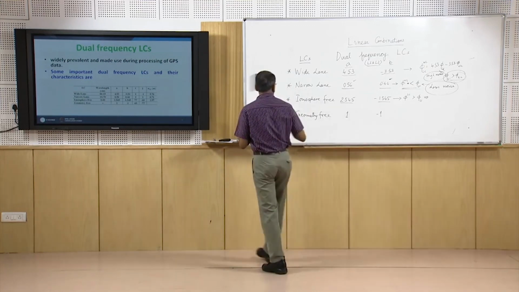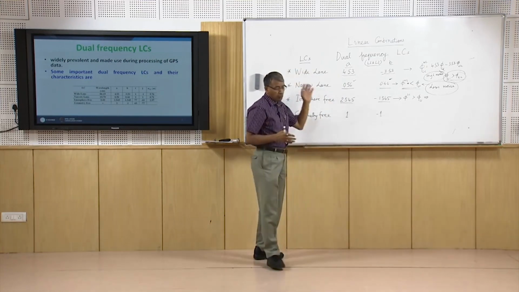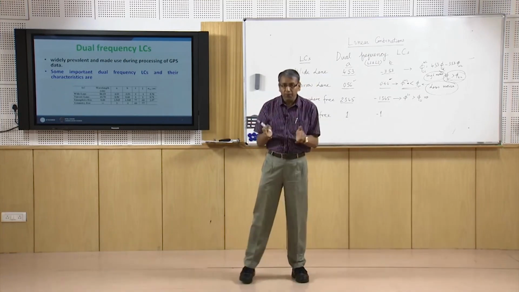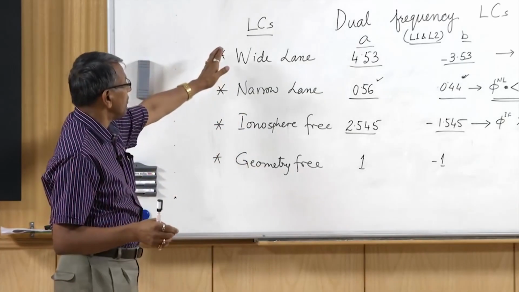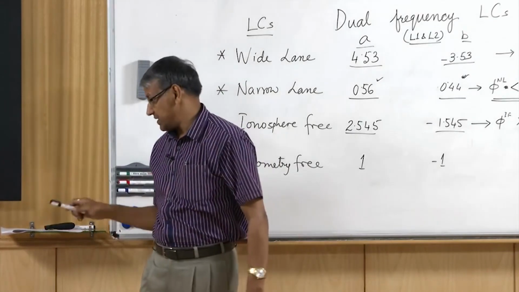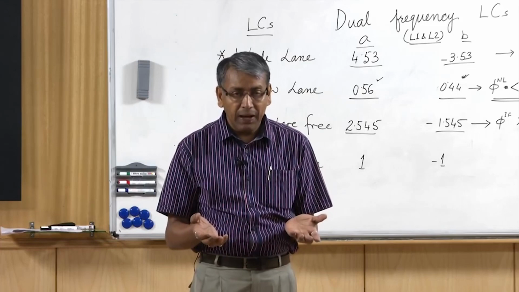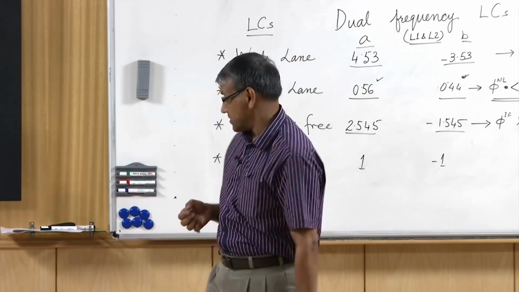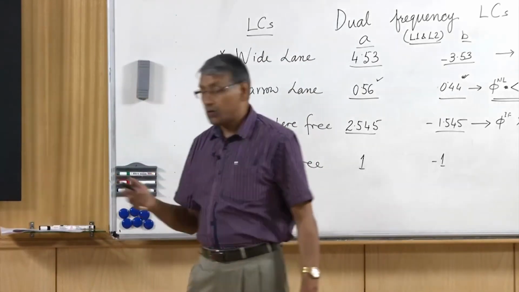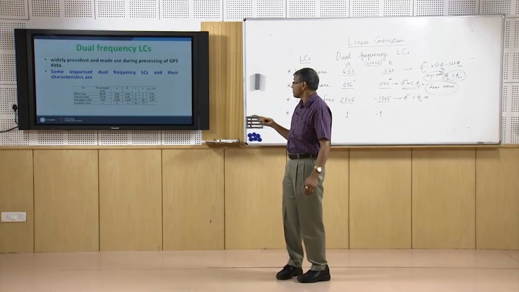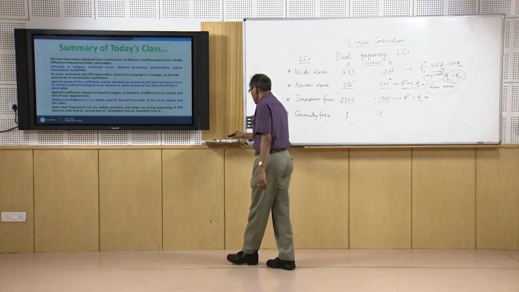So, depending upon the purpose we are looking for, we want to pre-process the signal, we can go for different types of linear combinations, and we can reduce some of the parameters, we can enhance some of the parameters. With this I want to conclude today's class, but before that I want to summarize today's class.